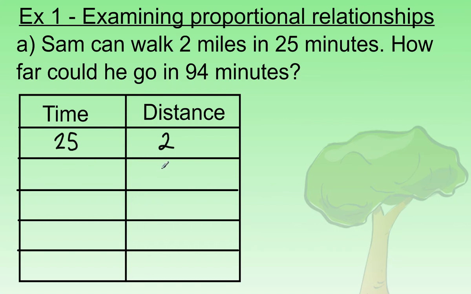And so if we go 4 miles, if we double the distance, it'd be double the time. You'd go for 50 minutes. Let's just keep going. So add another 2 miles, add another 25 minutes, another 2 miles, another 25 minutes.